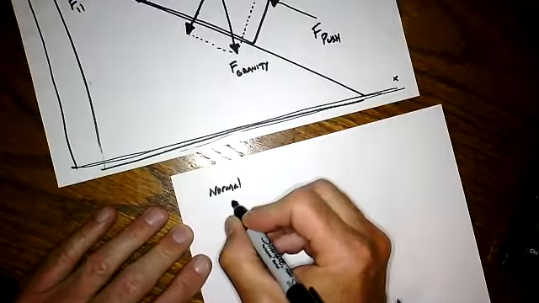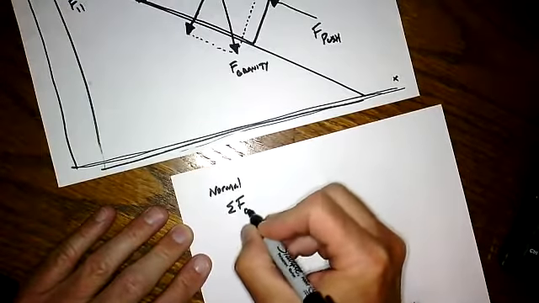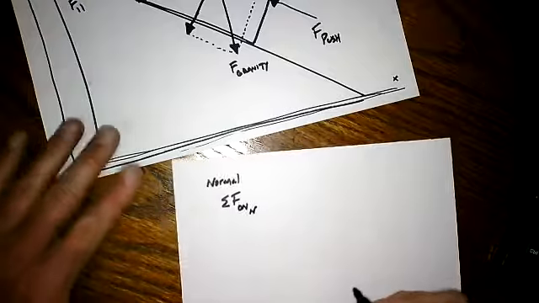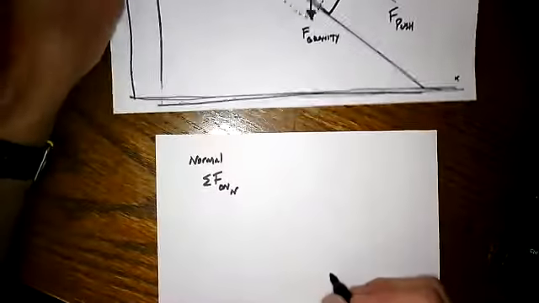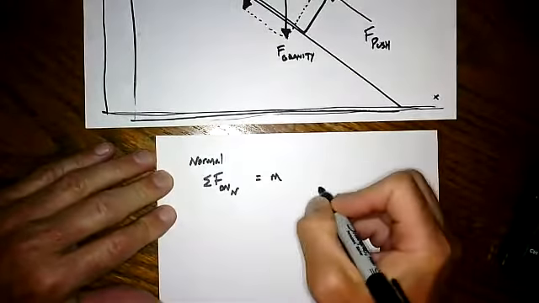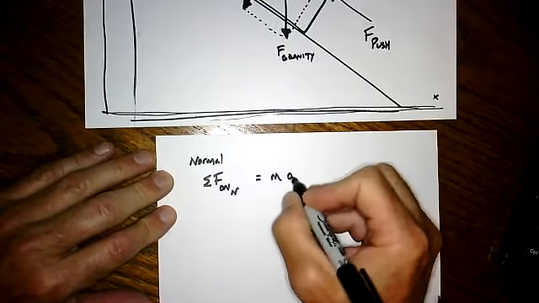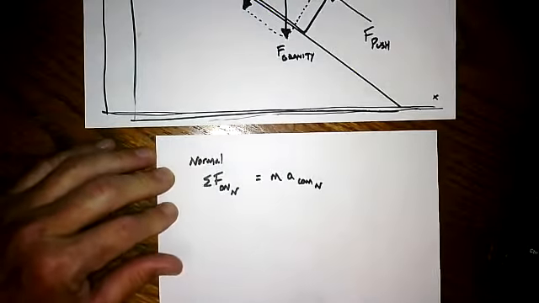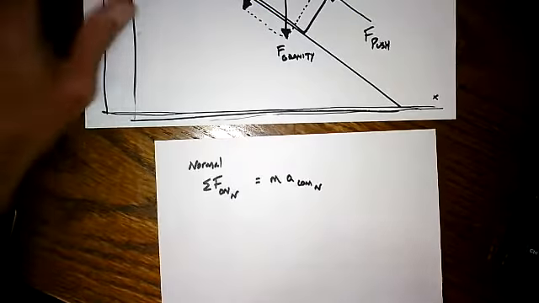So Newton's second law, we add up all the forces acting on the object in the normal direction. Sorry, let me try to write in the correct direction here. Equals mass of the object times the acceleration of the center of mass in, oh, I forgot a force.